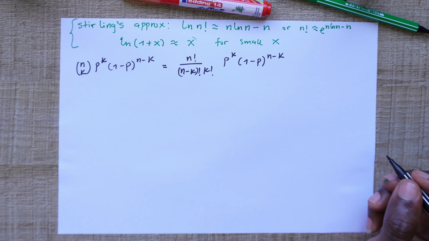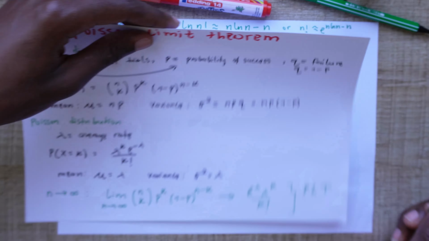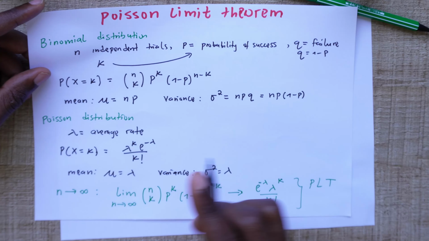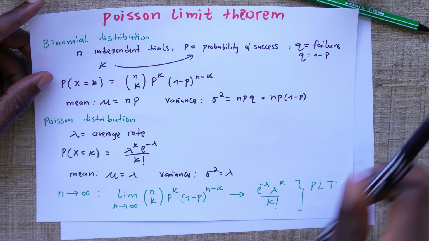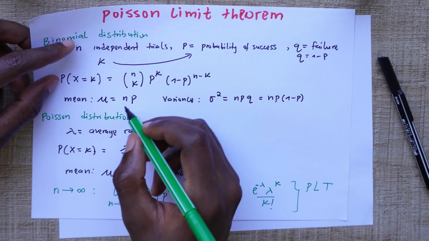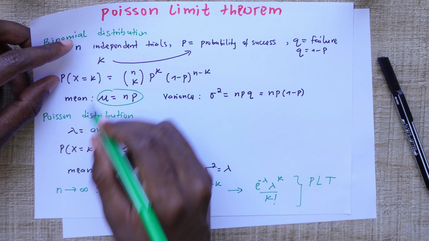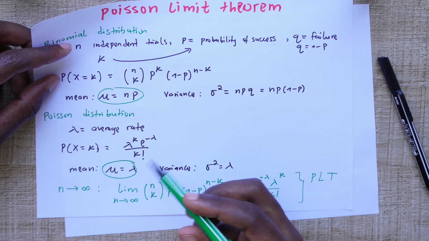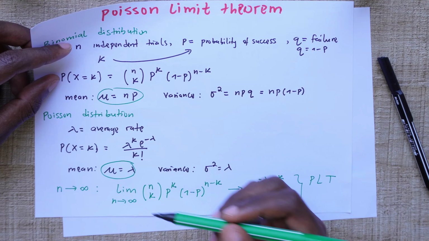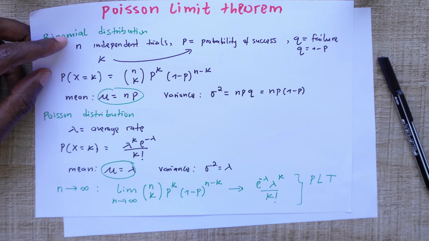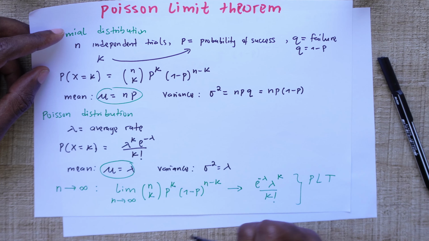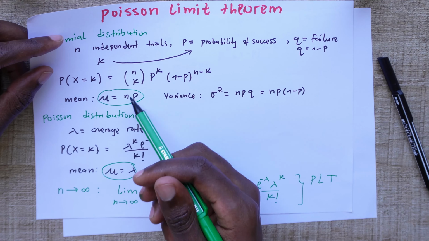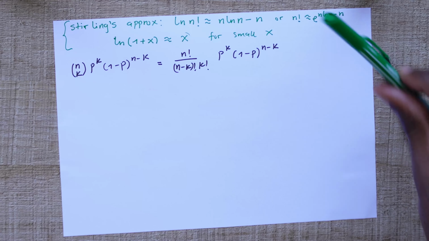So we established already that the mean of the binomial distribution was np, and that the mean of the Poisson distribution is mu. So already we can equate both of these because both means should be the same if you are performing the same experiment. So np should be equal to lambda.